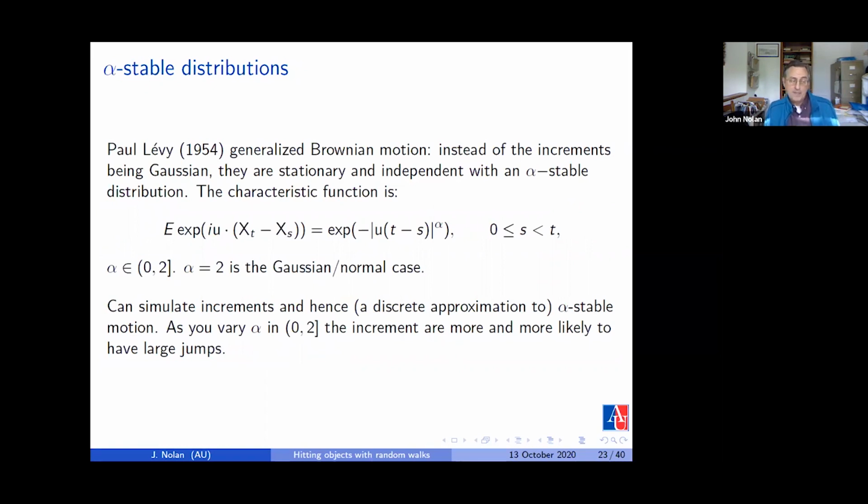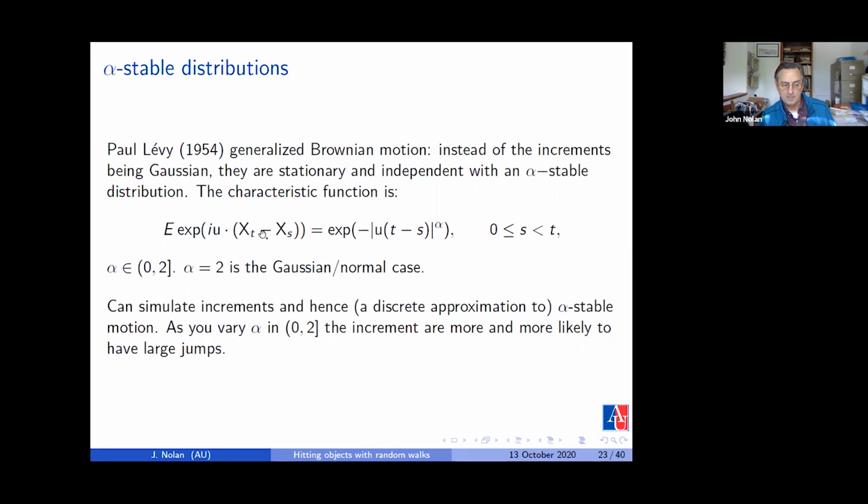Okay, alpha stable distributions, Paul Levy generalized Brownian motion. The idea is that instead of the increments, these steps, being Gaussian, we're going to use a different distribution. We're going to use stationary independent increments that have an alpha stable distribution. I won't try to explain all of this, but the joint characteristic function looks like this.